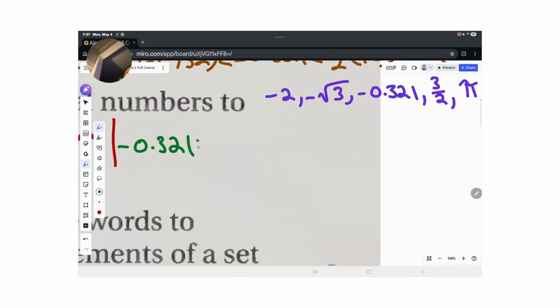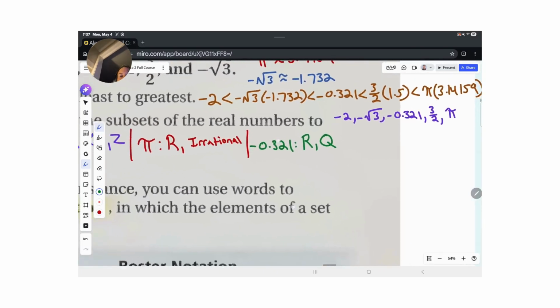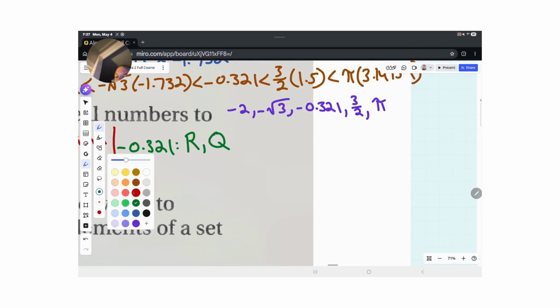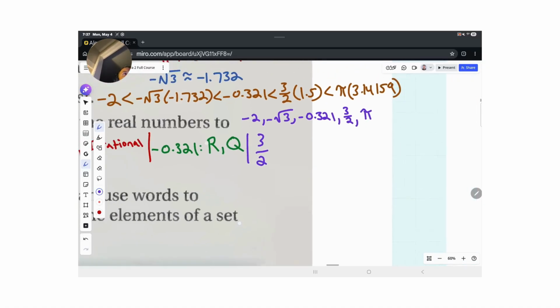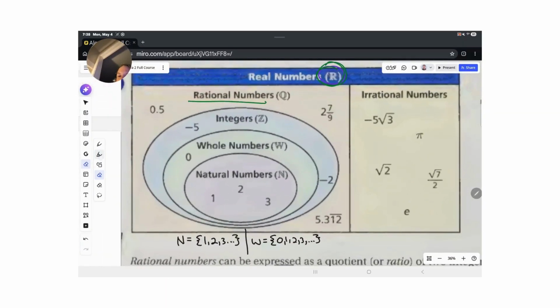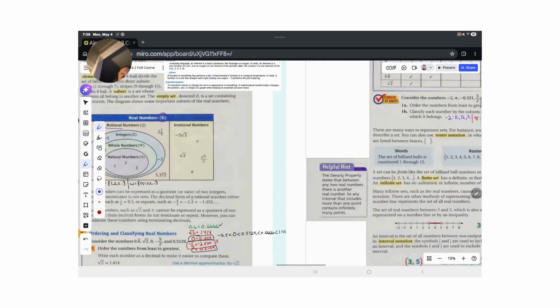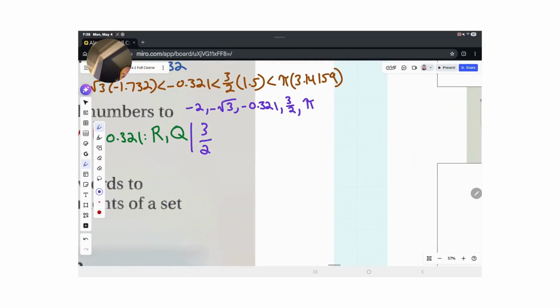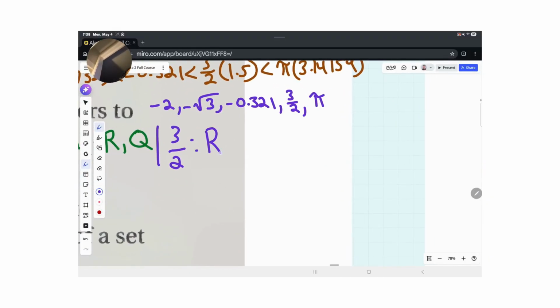Let's label it R and Q because it has a terminating decimal. Okay, what's next? 3 halves. For 3 halves, we have real, and it is rational. Let's label R and Q.